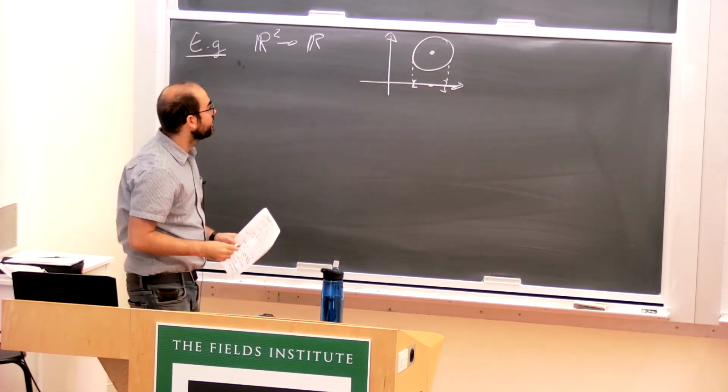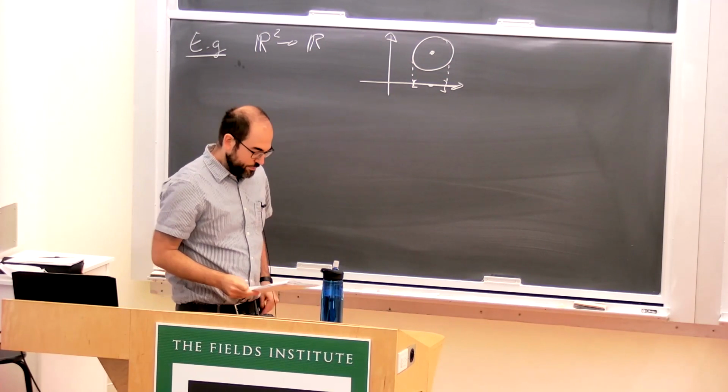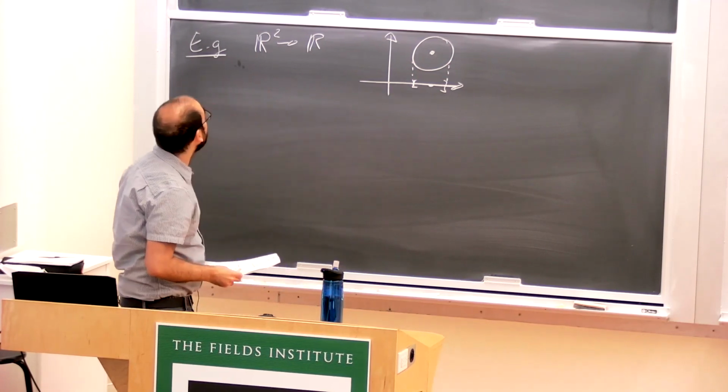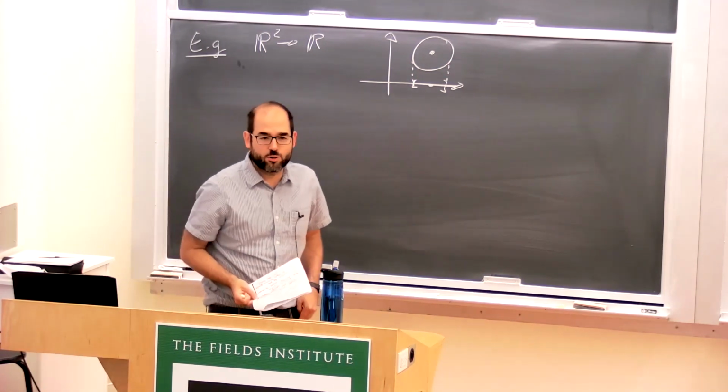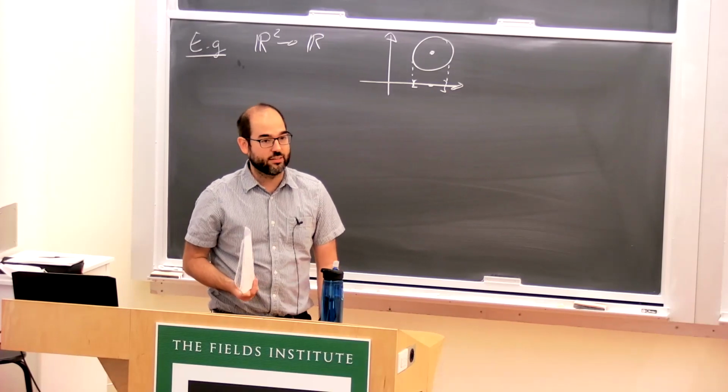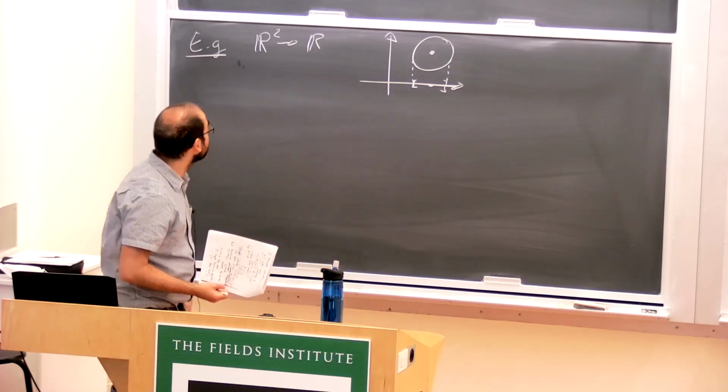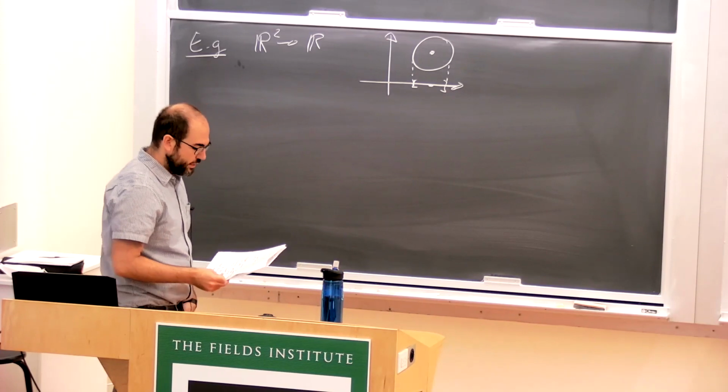So that's what you should be thinking of. This definition, I think, goes back to Berestovsky in the 80s. I feel like that's when it was first defined this way.